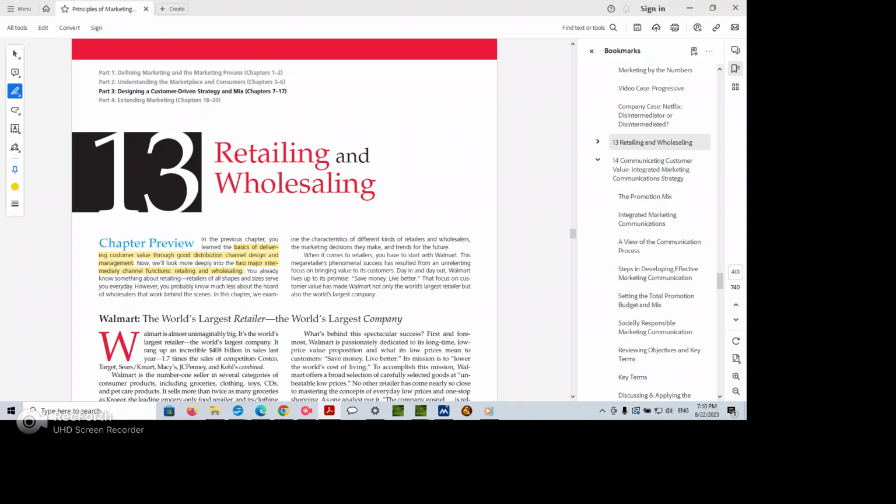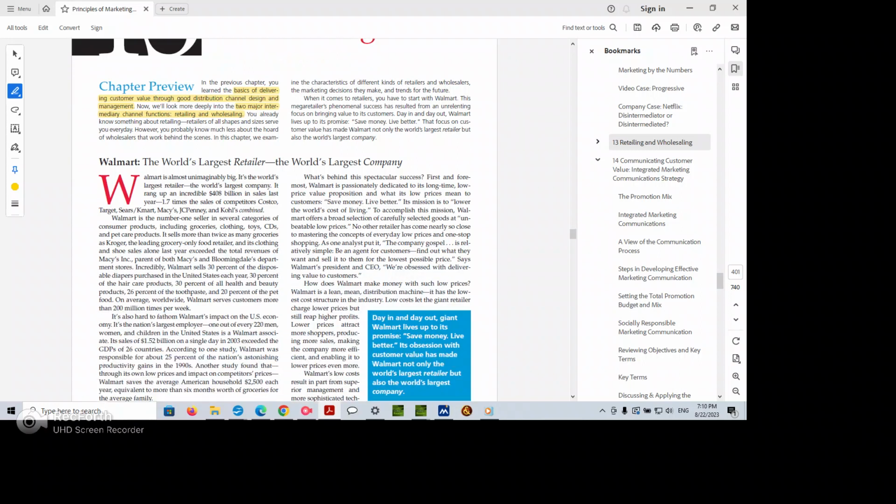As a major retailer like Walmart, they live up to the promise, save money, live better. That is their slogan. They focus on customer value, which has made Walmart not only the world's largest retailer, but also the world's largest company.